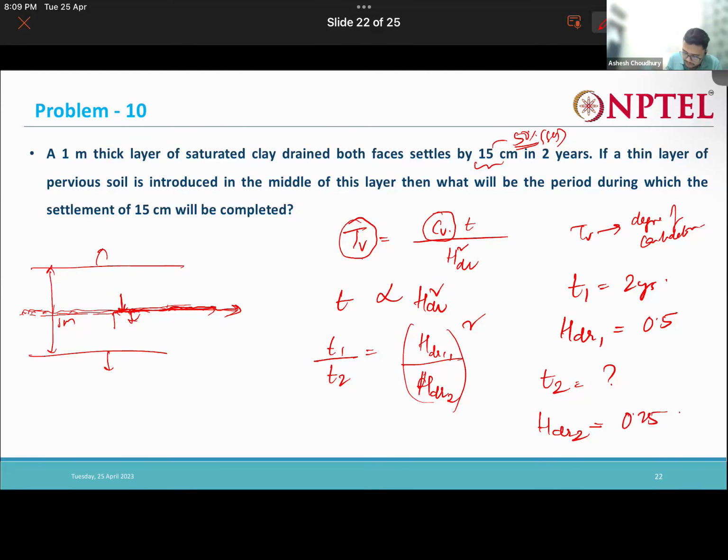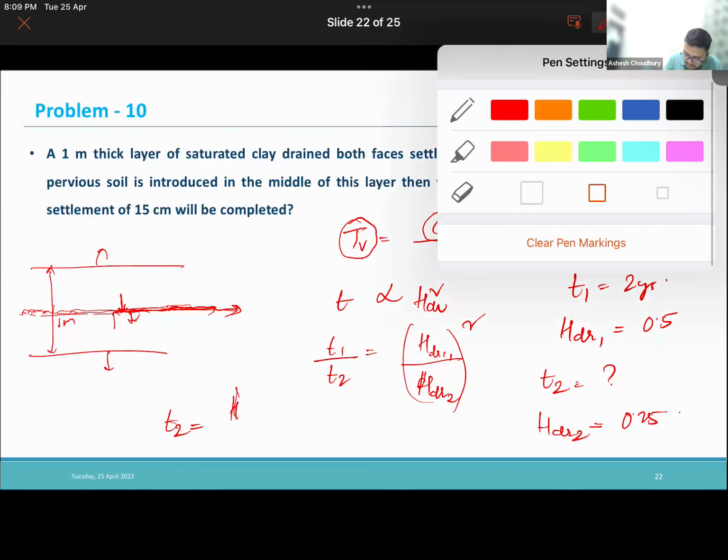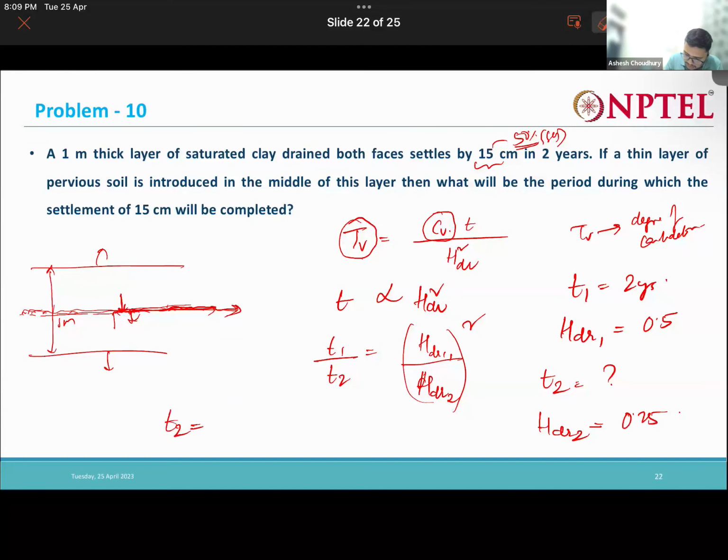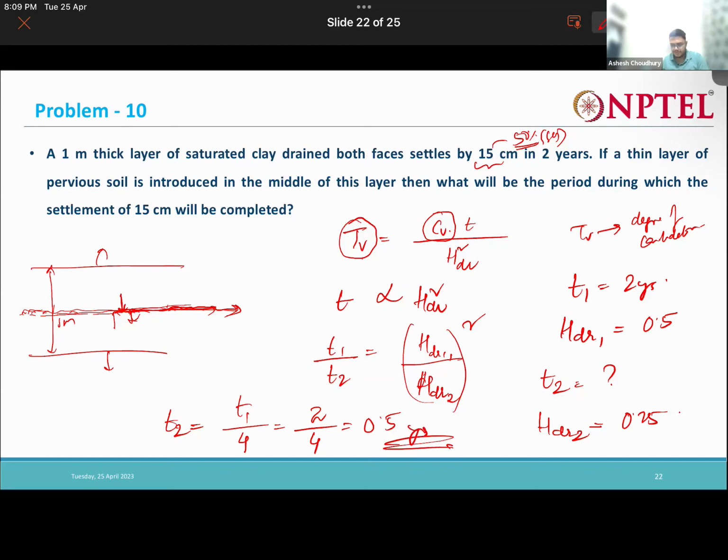Right. So what we need to find is T2. T2 will be nothing but T1 by 4. So 2 by 4, 0.5 years.